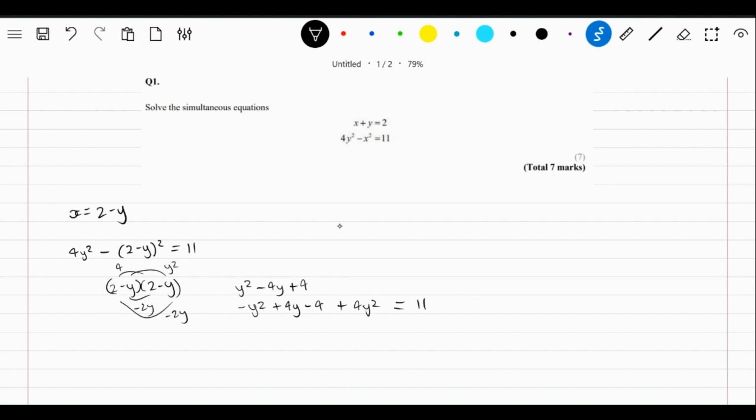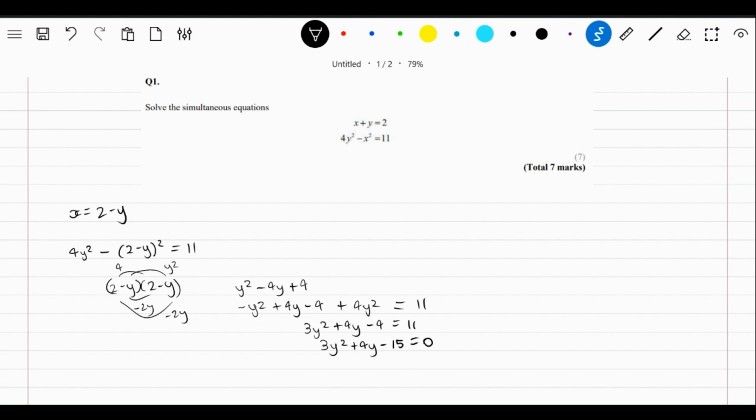So if we simplify this out, we get 3y squared plus 4y minus 4 equals 11. And we can take the 11 away from this side here, which will give us 3y squared plus 4y minus 15 equals 0.